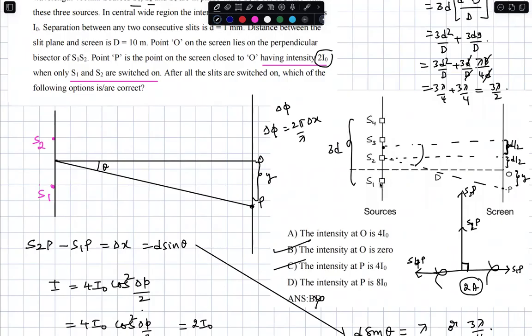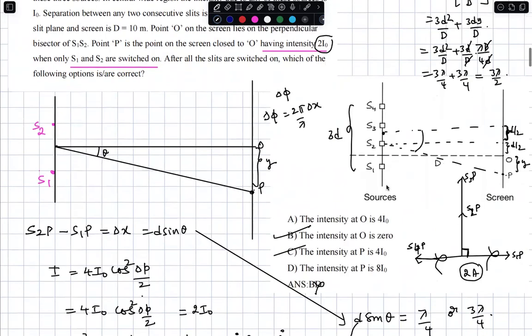S1P you take as the standard of reference, followed by S2P minus S1P, followed by S3P minus S1P, followed by S4P minus S1P, and draw phasors. Phasors give you the picture.